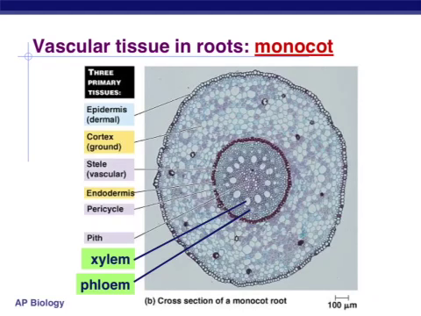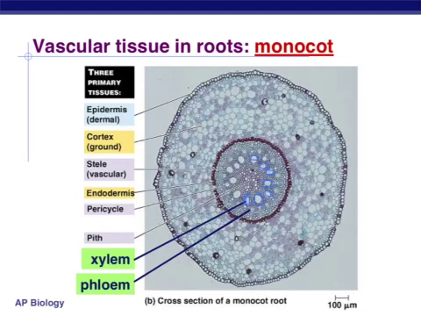All right, and then again, here is your monocot in the root. Still a very different arrangement, but this one is kind of easier to see because the big circles that you can see here, and here, all of these big open-looking circles, those are your xylem vessels.